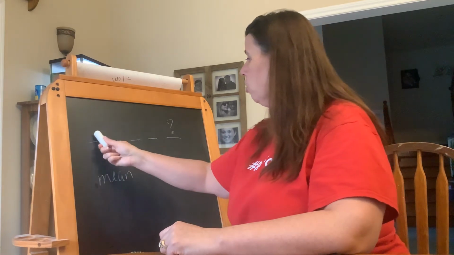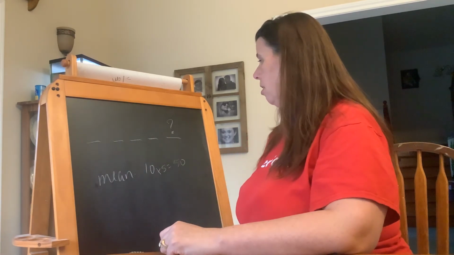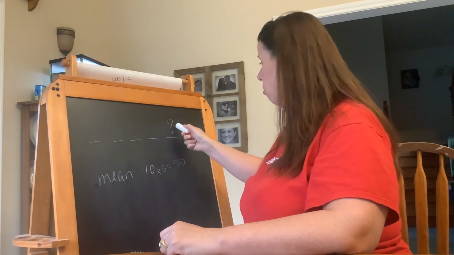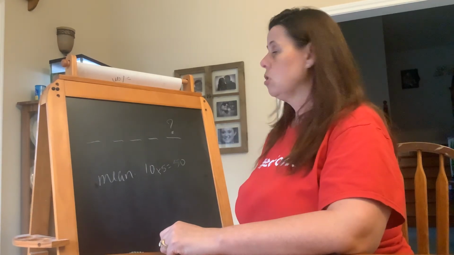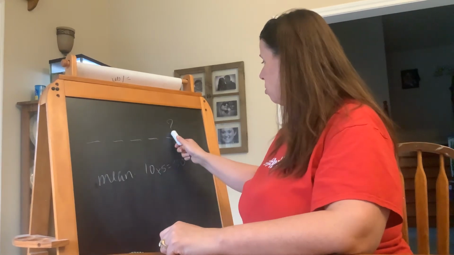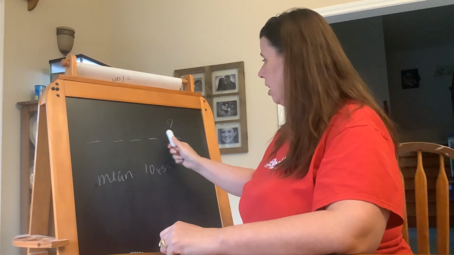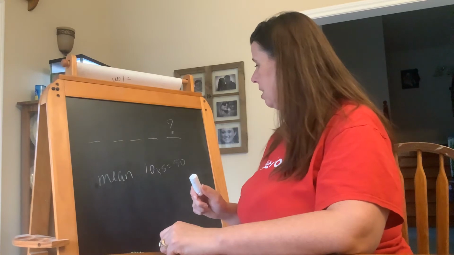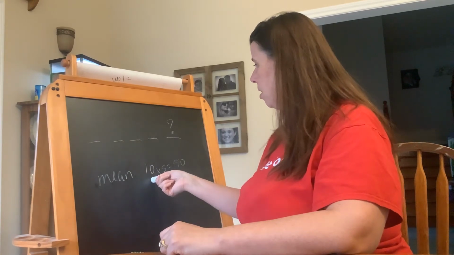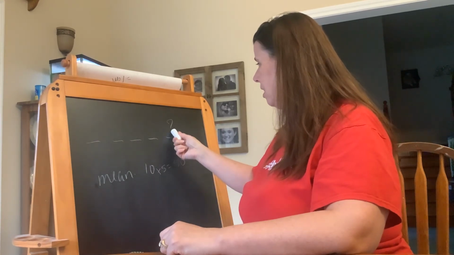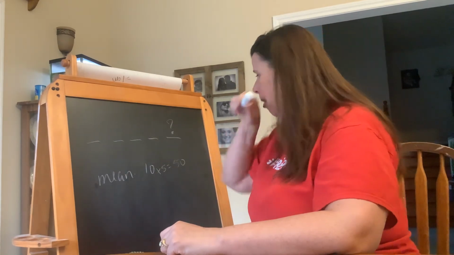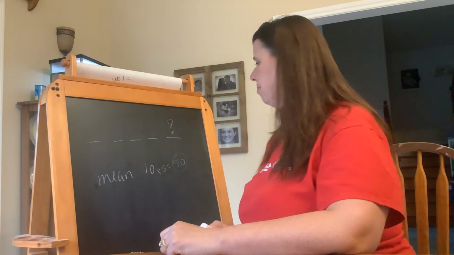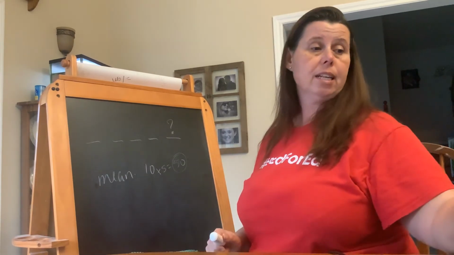So if I know what 4 of these numbers are, I can add them up and figure out what I have to add to it to get to 50. Okay? So you're going to see a question like this where there's a piece of data missing. Look at how many pieces of data there are, multiply it by the mean, and figure out what you need to add to the pile to make the total. Okay?